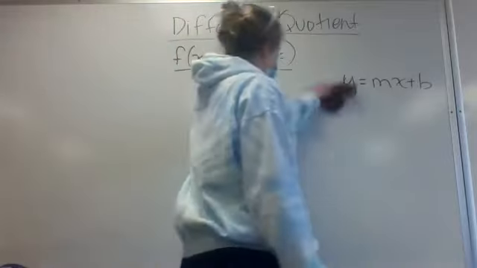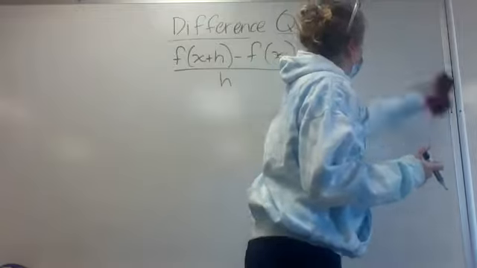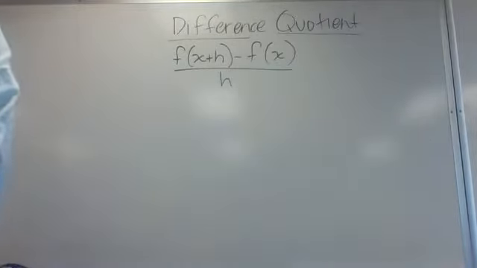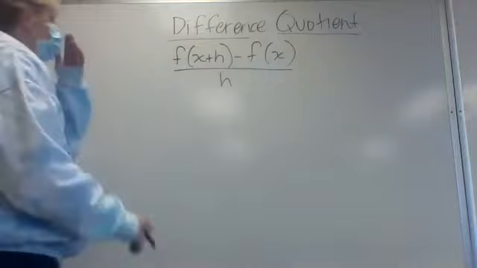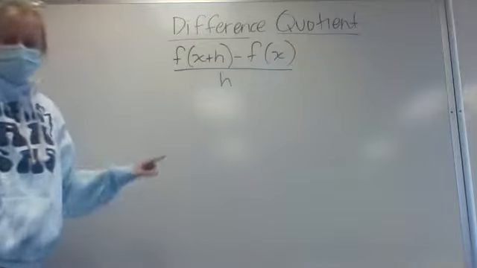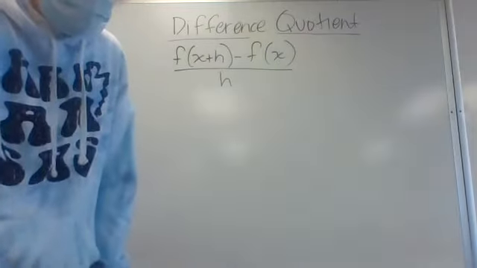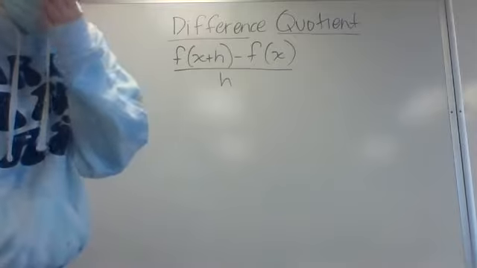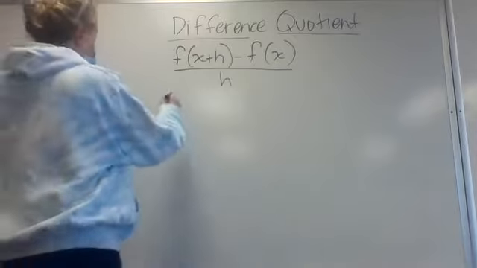Okay, so we don't really get too deep into it. That's if you're going into calculus or something. But just to give you some background, like looking at number 1. Find the difference quotient for f of x equals 3x minus 7.